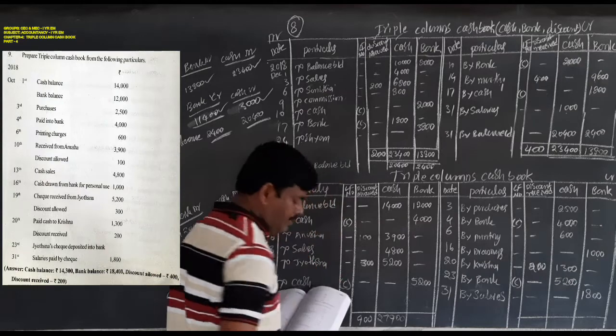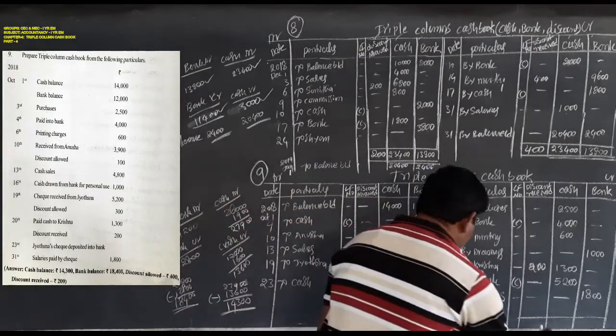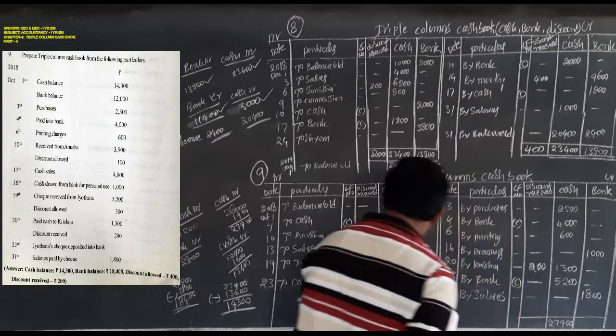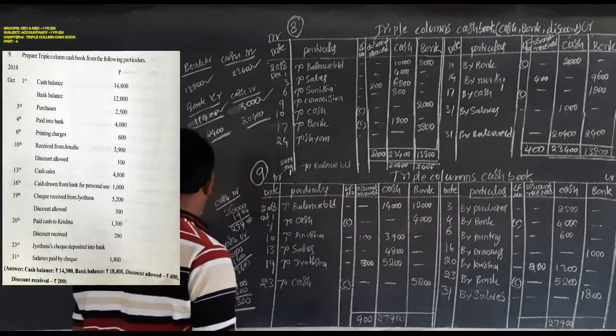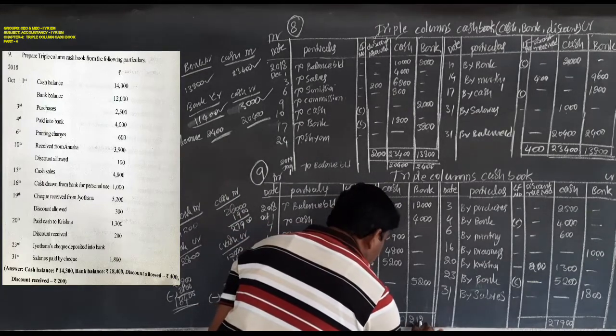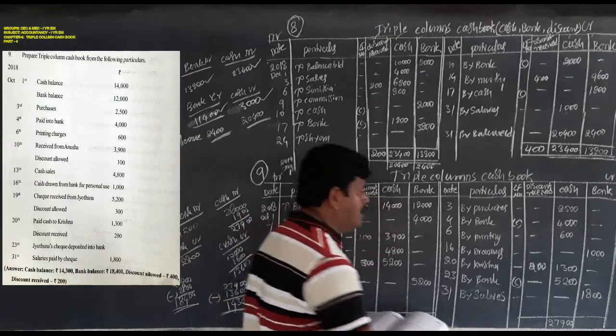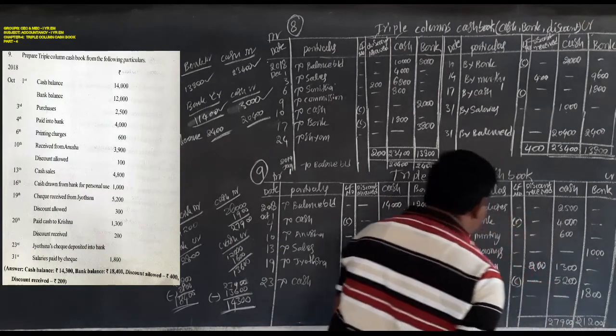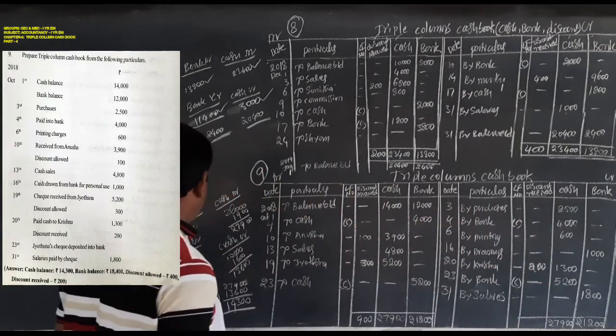The same amount will be recorded here also, 27,900 rupees. Same for the bank column, highest amount 21,200. Here also 21,200 rupees.